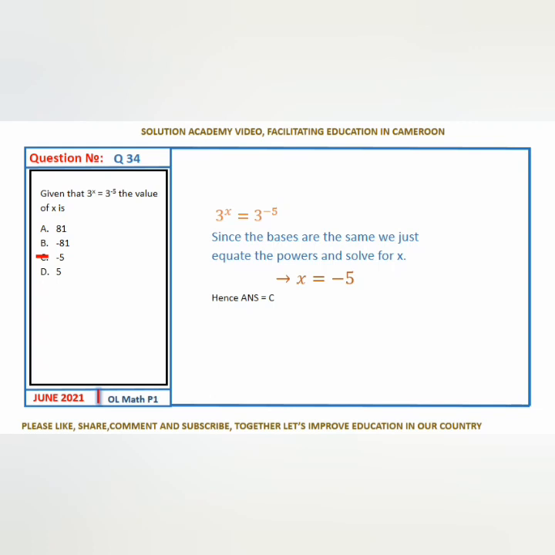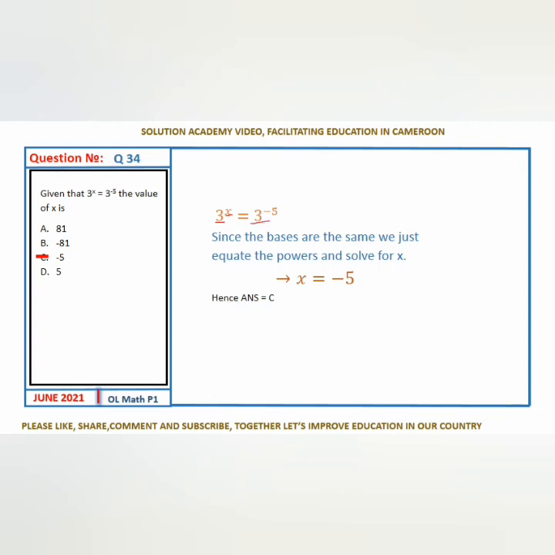So the bases are already the same here, so we just equate the powers. So we just have x equals negative 5. Now I want to make this remark. 3 is called the base and x is called the exponent or the power. So 3 here is the base, negative 5 is the exponent.